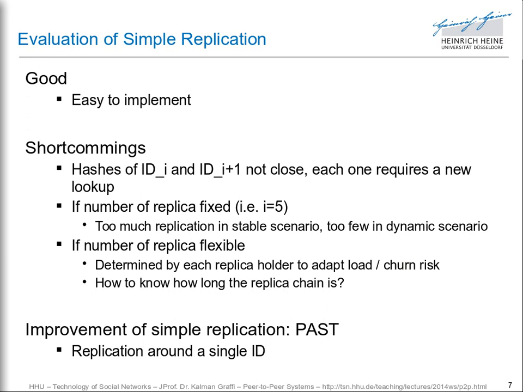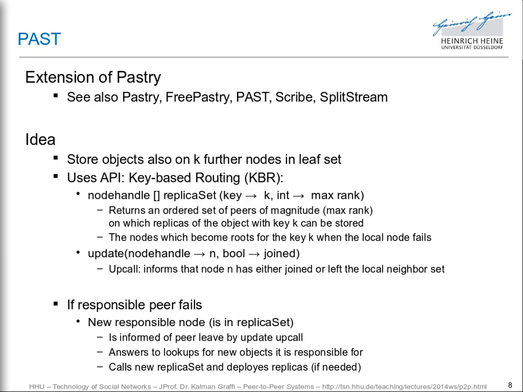Okay, but there exists an improvement of simple replication, which provides replication around a single ID, so not independently like this simple replication, and this is called PAST. PAST is an extension of Pastry, as you might expect.